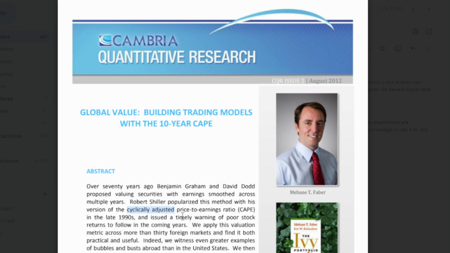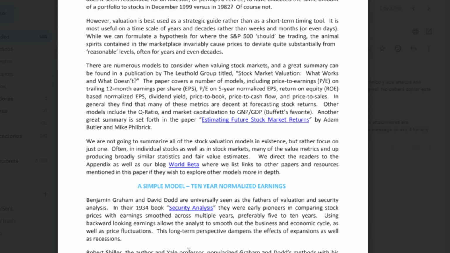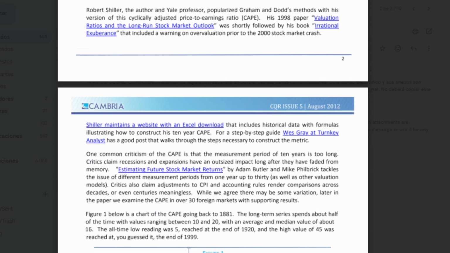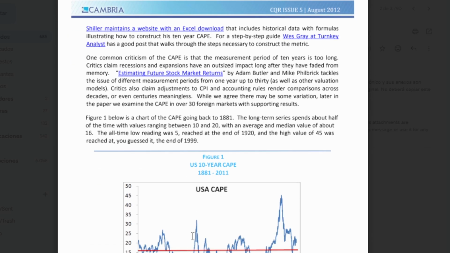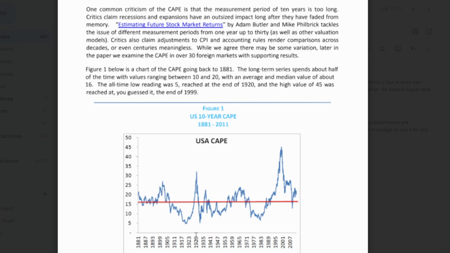The main difference is that we compare the stock prices over the stock earnings, but not on the next 12 months, but on the next 10 years. That's why it's also known as a smoothing indicator, because it isolates the cycles effect in the economy.